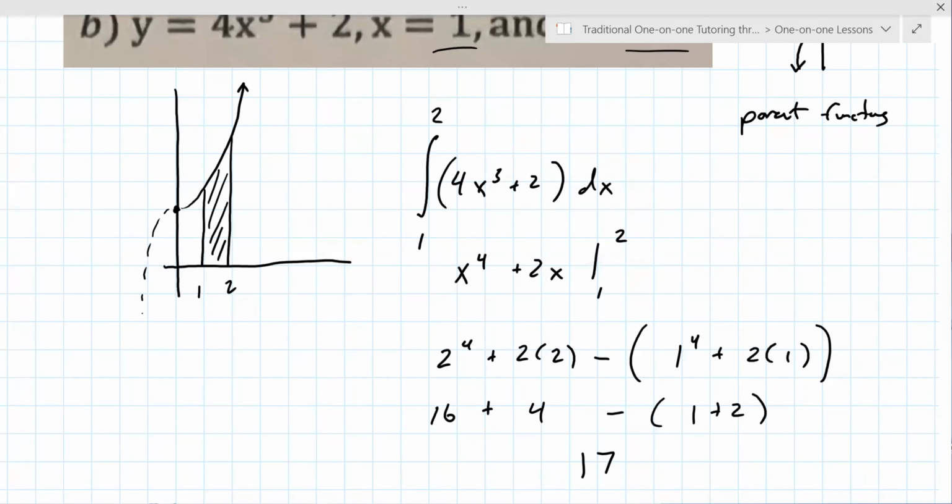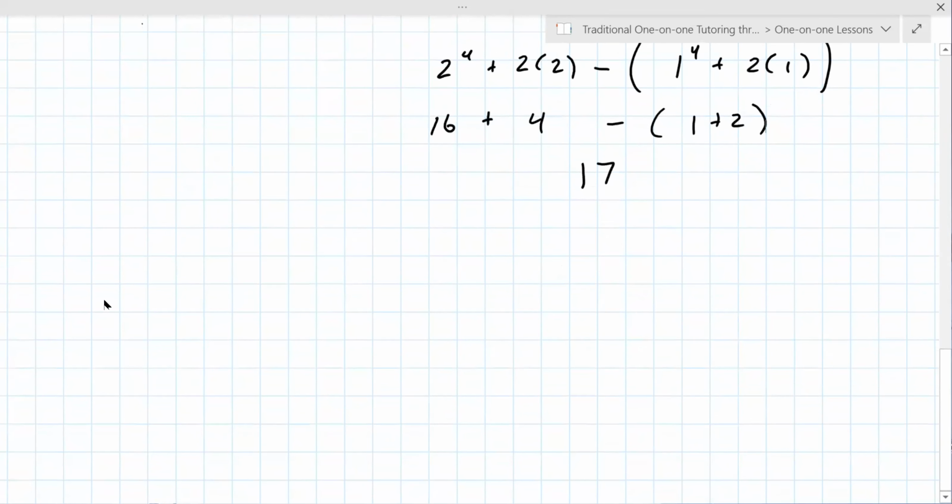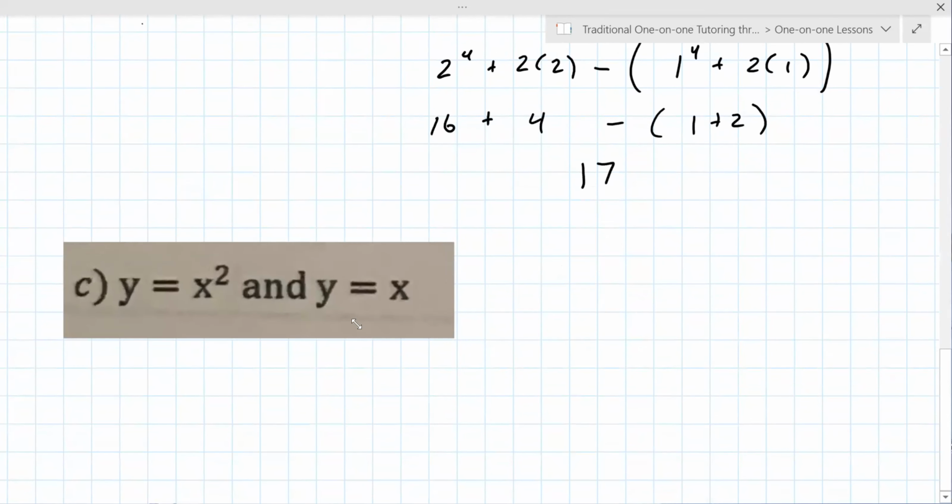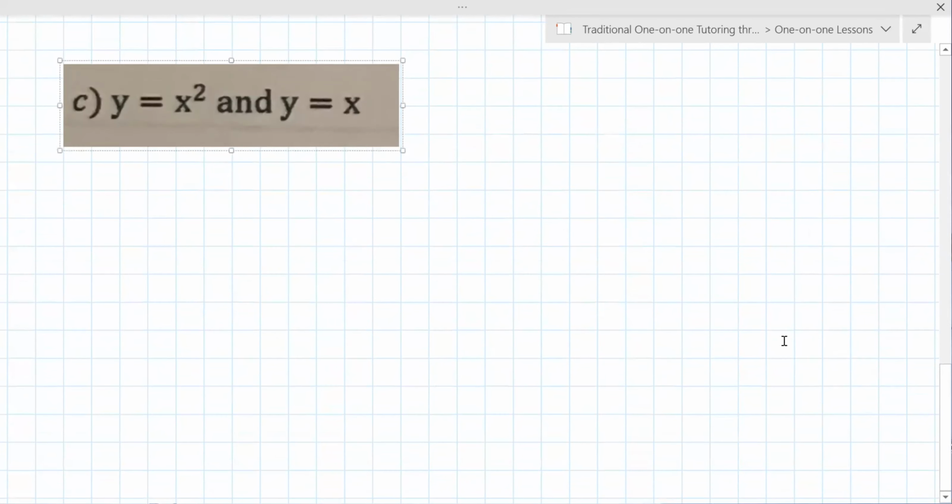Okay. All right, so the next question here, C, gets a little more interesting because they don't give you the bounds this time. And so you do have to graph, but you could start out by just setting them equal to each other. You will have to do this eventually. As a reminder, when you're solving, you move things to one side.